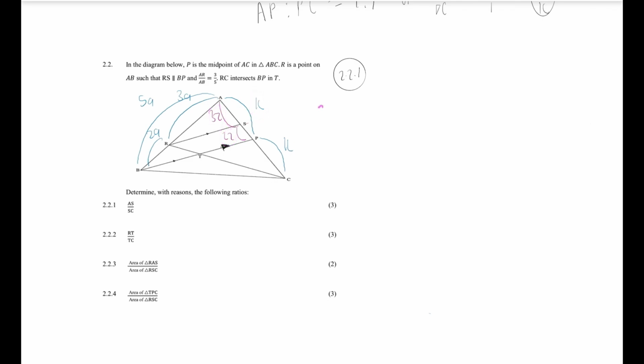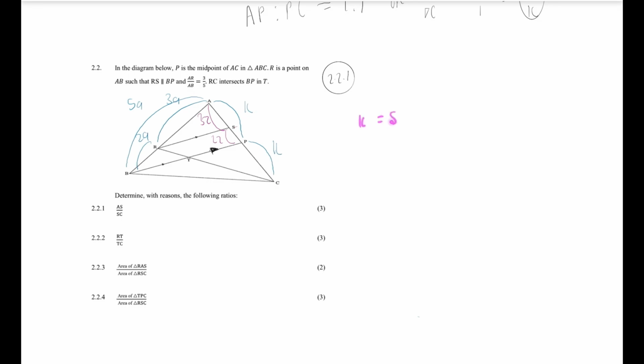So basically, you're going to get your 5Z is equal to K, which means that your K is equal to 5Z. And that means that our Z is going to be equal to K over 5. Okay, that's making sense.